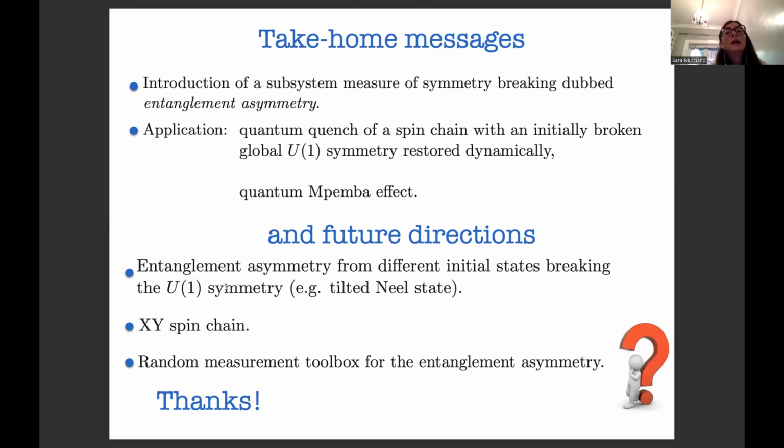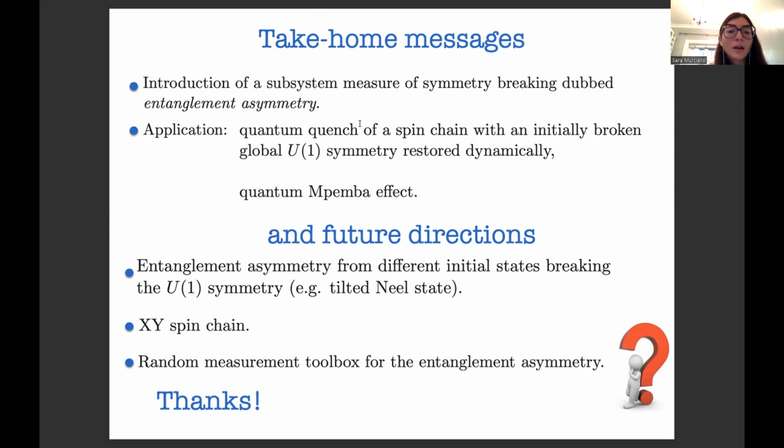I showed you a novel tool that is able to quantify how much asymmetry is broken, and we call this the entanglement asymmetry. And as an application, to show the validity of this new object, I showed what happens for a global quantum quench that starts from a state that at time t equals 0 breaks the U(1) symmetry, the tilted ferromagnetic state, and then evolves with the U(1) symmetric Hamiltonian.